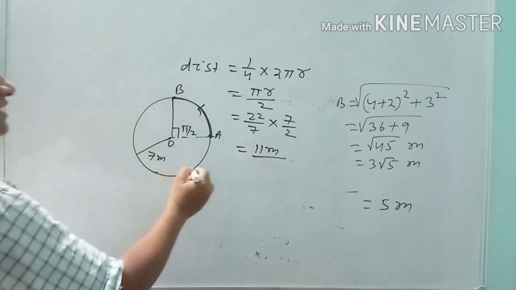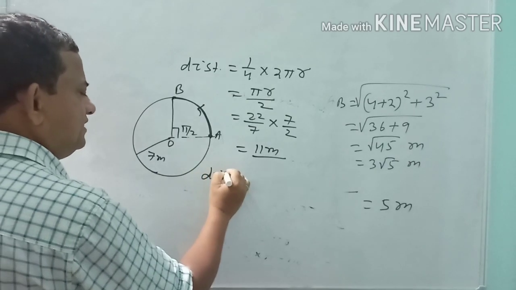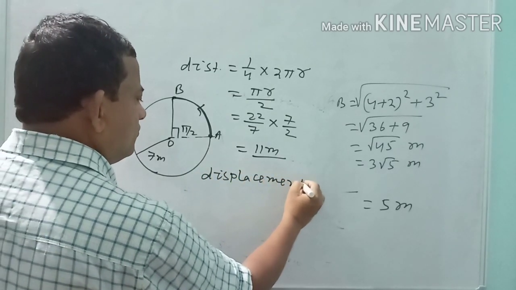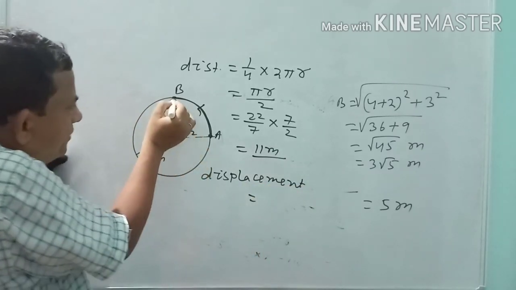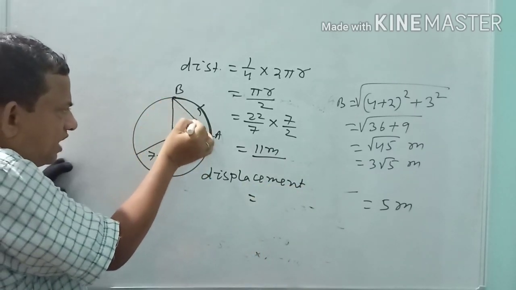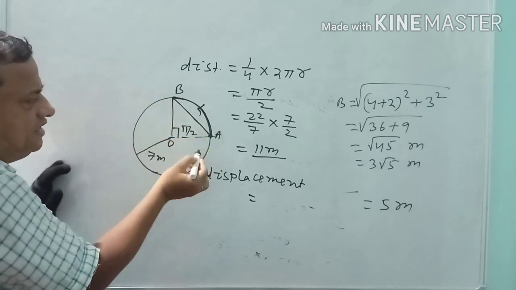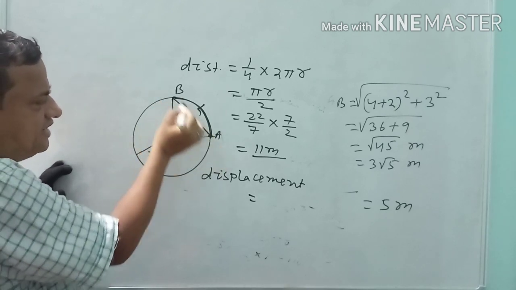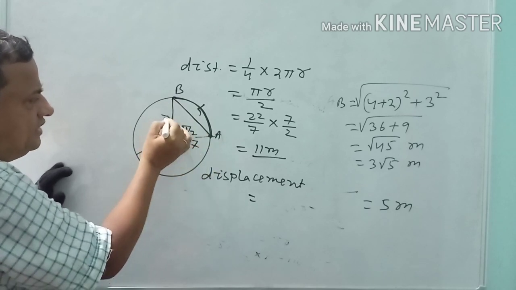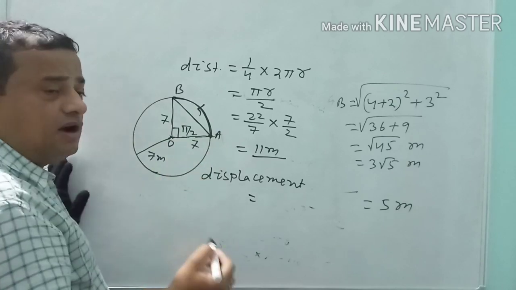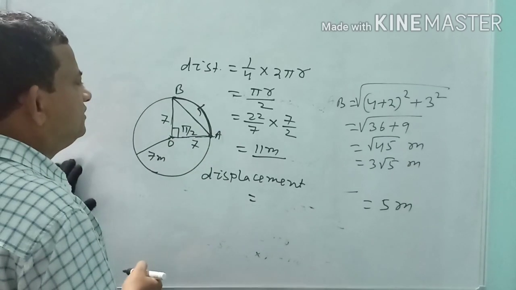But what is displacement? A to B join, the shortest one. This is the shortest path. A to B the shortest. So what is this? This is a right angle triangle. So this is 7 meter. This is 7 meter because this is a radius. So what is AB? Again you apply Pythagoras theorem.